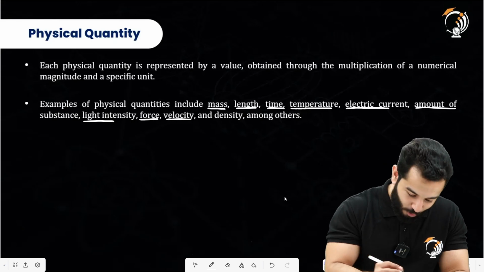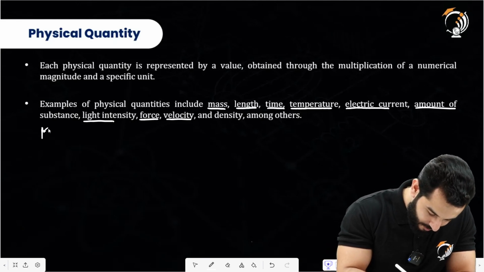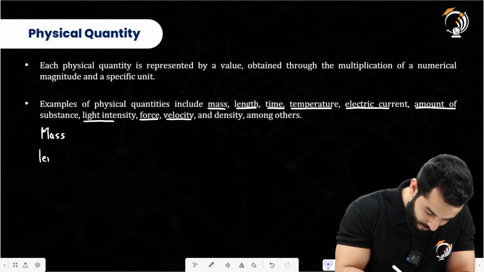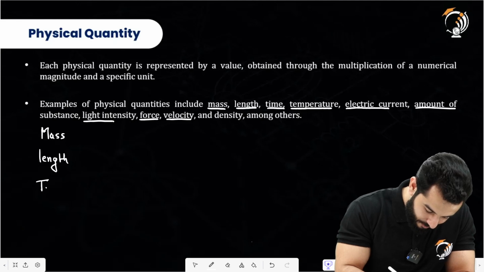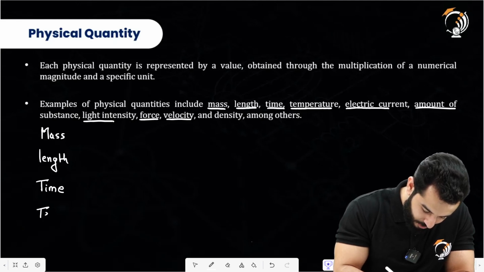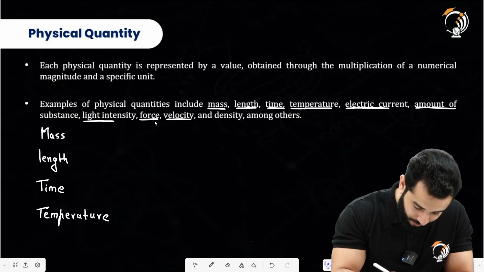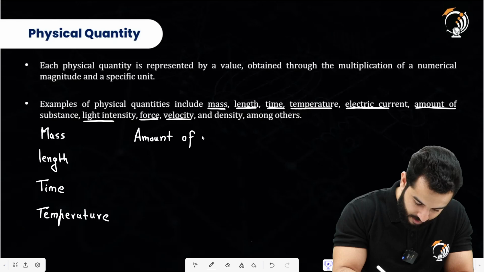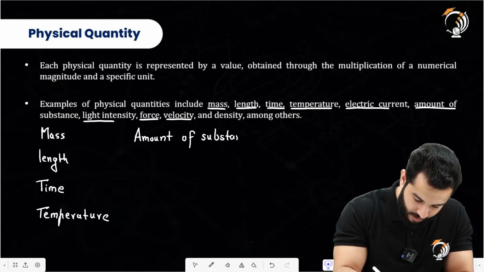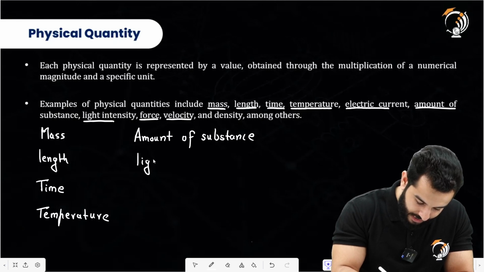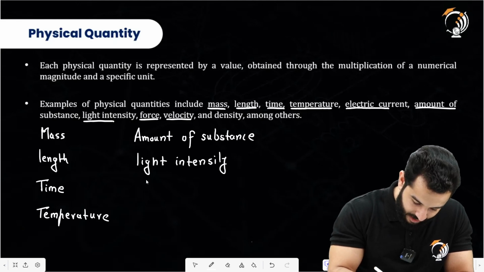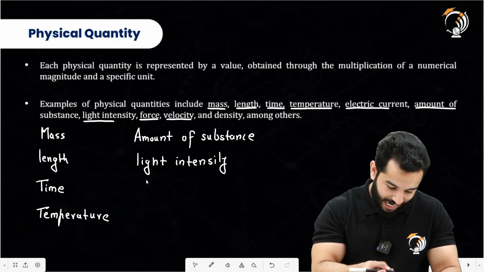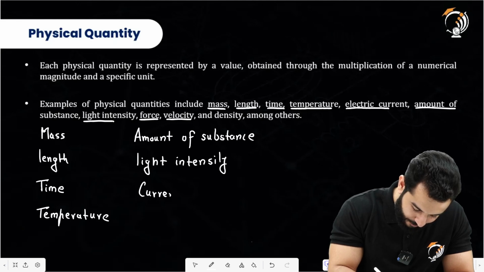What are those quantities? Those quantities are mass, length, time, temperature, then you have got light intensity or amount of substance, light intensity, and last you have got electric current.